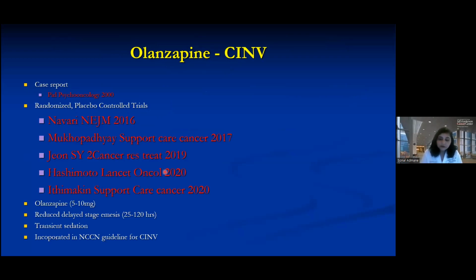The dose which was used in most of the clinical trials was between 5 to 10 milligrams, but the 10 milligram dose can be very sedating, so we recommend breaking it down to 2.5 to 5 milligrams every 8 hours and limiting the dose to less than 20 milligrams a day.